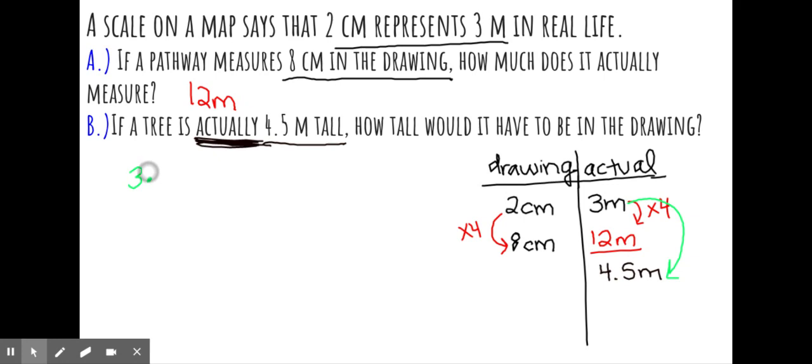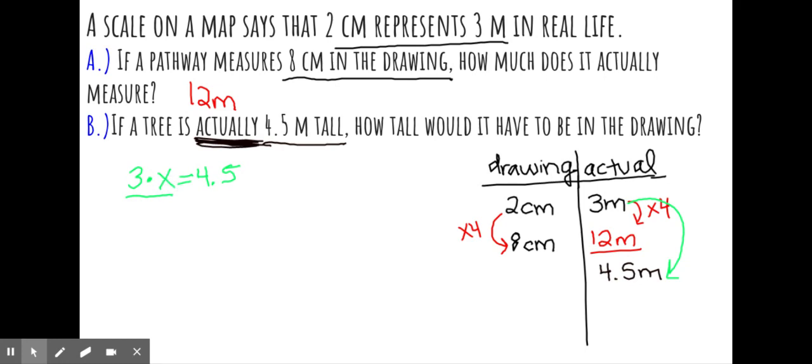So we are going to set up an equation to figure out what that number is that we're multiplying by. So 3 times what, we're going to call it x, is equal to 4.5. Here, this unknown number is represented with the variable x, and x is being multiplied by 3.